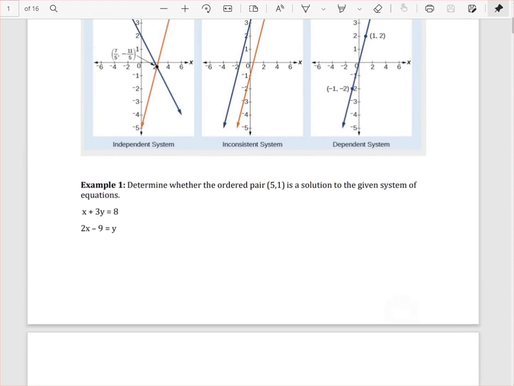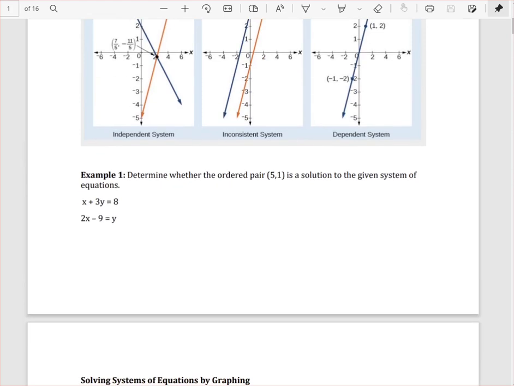The first example says determine whether the ordered pair (5, 1) is a solution to the given system. To check if something is an answer, the only thing you have to do is plug it into each equation and see if it's a solution. We just need to remember that the 5 is x and the 1 is y. So I'm going to put 5 plus 3, and check if that's 8.